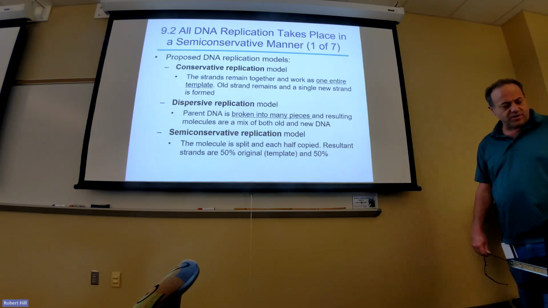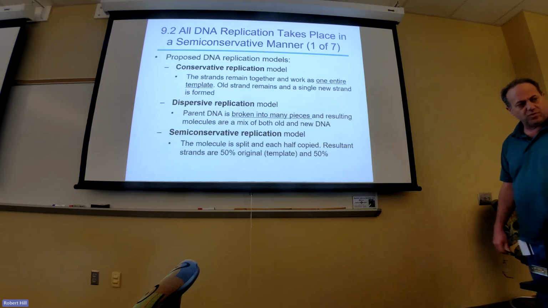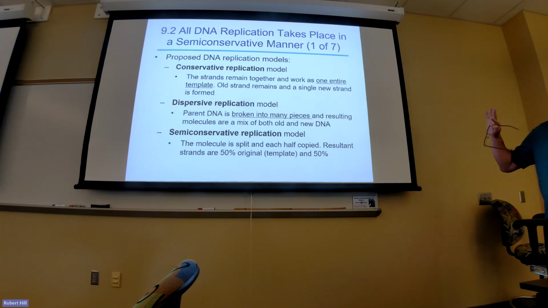After Watson and Crick came up with their model, there were basically 3 potential ways DNA could be replicated. One would be a conservative method, where the whole molecule is being copied, both strands. There could be a dispersive replication method, which means the parent DNA is broken up, each of those pieces is copied, and then it's reassembled.